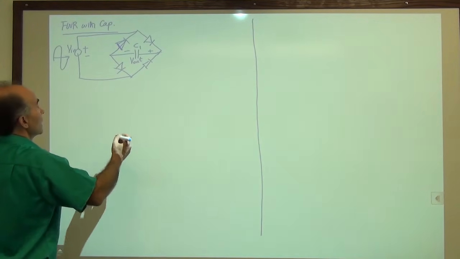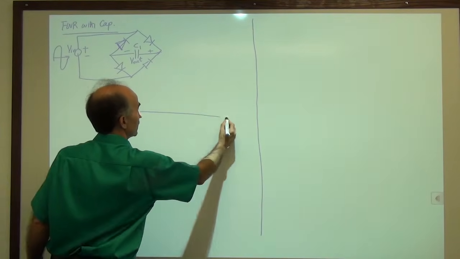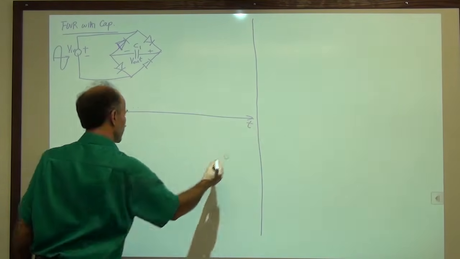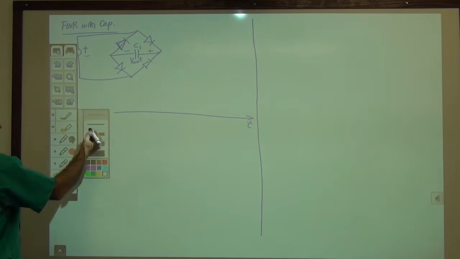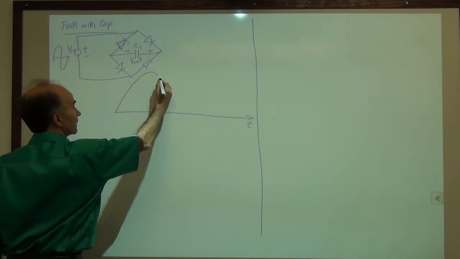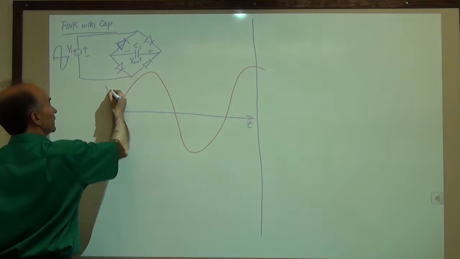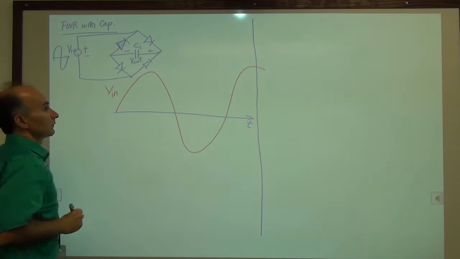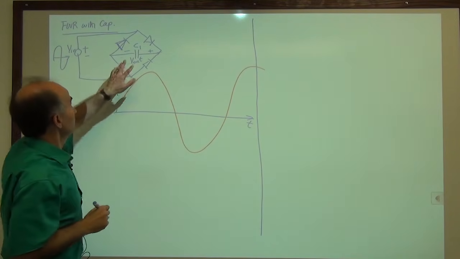Okay, all right, so again, we say, let's suppose that the input is a sinusoid. So as usual, I will use red for the input waveform. So here's a sinusoid, approximately, for the input. And I would like to see what happens at the output.